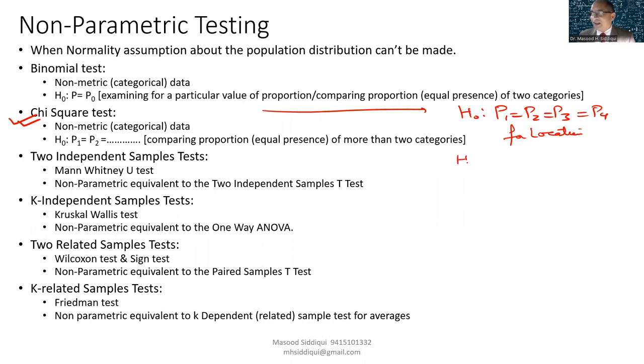It can be written as proportion of northern equals proportion of eastern equals proportion of western shore equals proportion of southern shore. And H1 is that they are not all the same. So here we are going to apply the chi-square test of proportion for this situation.